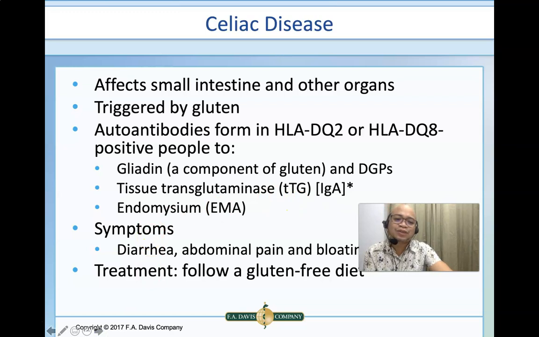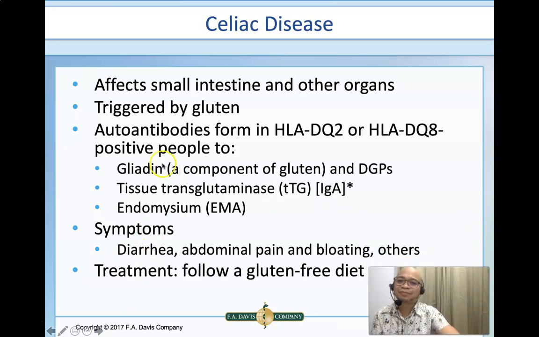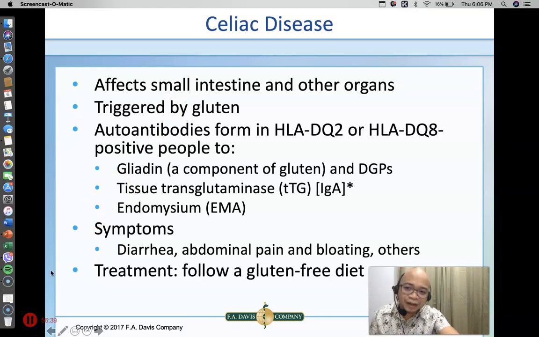Okay, so we also have celiac disease. It is a type of disease that affects our small intestine and other organs. Celiac disease is triggered by the presence of gluten in our diet. So what is gluten?